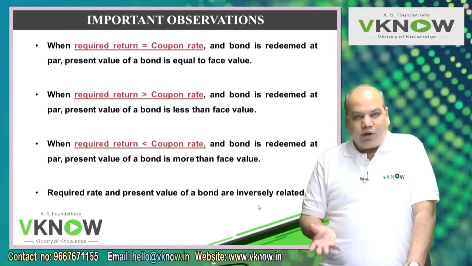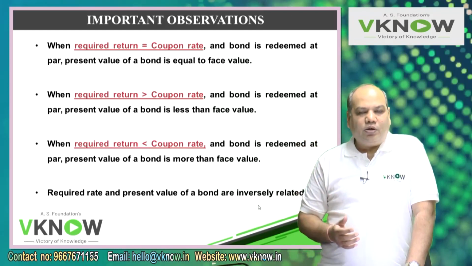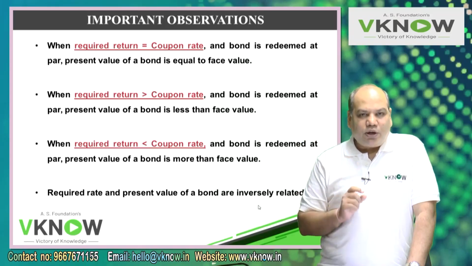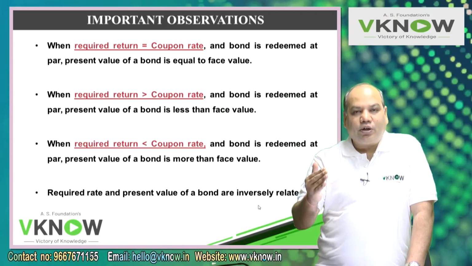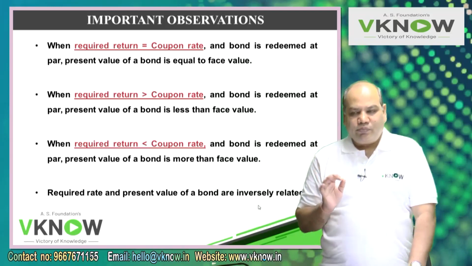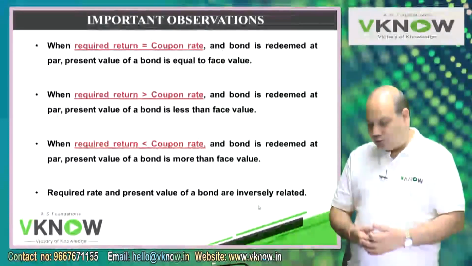If the required rate of return goes up, the present value of the bond will come down, and that is because you are using a higher discount rate. In the chapter on time value of money, you have learned higher the discount rate, lower the present value. So it is as simple as this. When you are using a high discount rate, the present value will be lower.